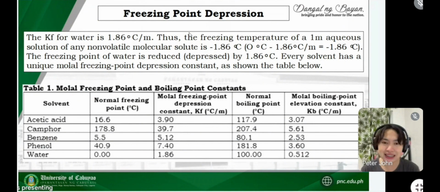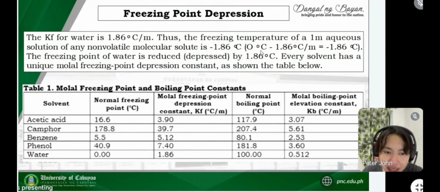So in this case, class, ginamit natin yung freezing point ng mismong tubig. Yung 0 degrees kasi nga, ito yung typical na freezing point ng tubig.